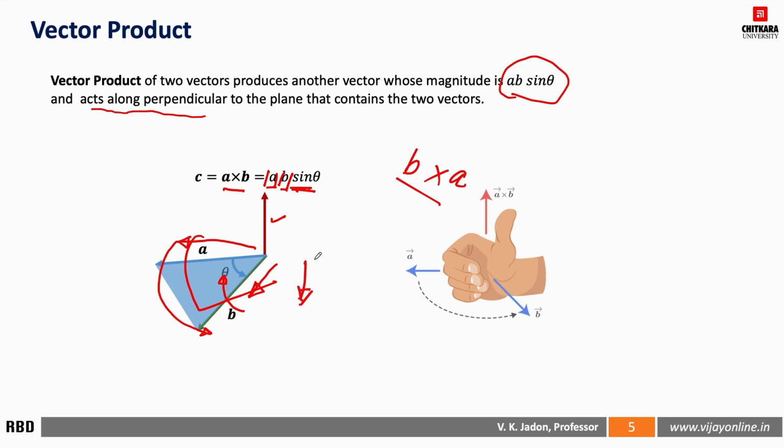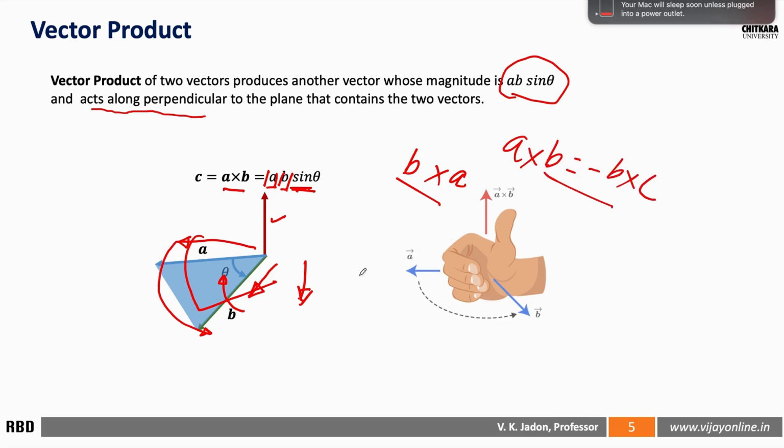It means that A cross B is equal to minus B cross A because both are opposite.